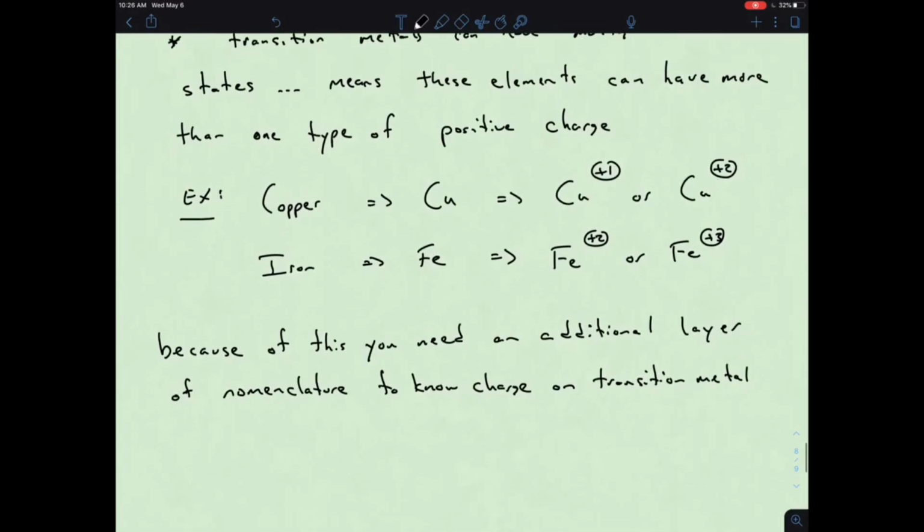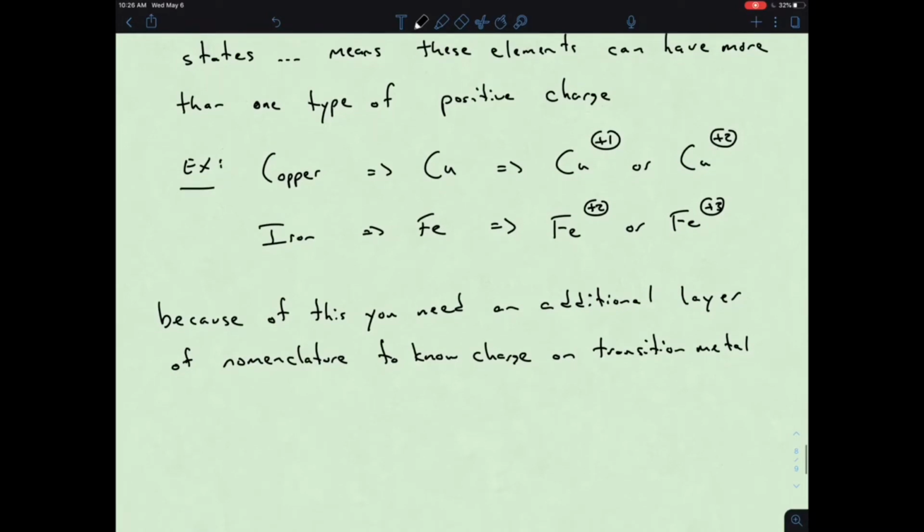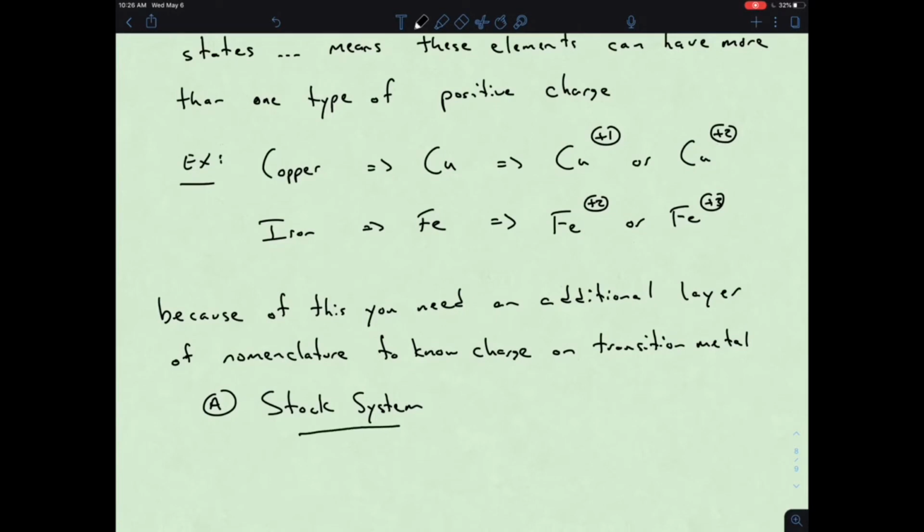And there's two systems here. There's the Stock system. The Stock system is basically a Roman numeral that follows the metal to show charge.